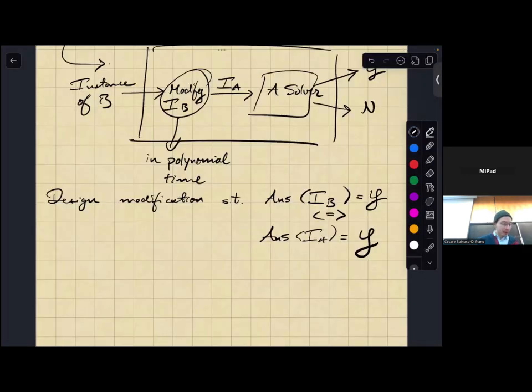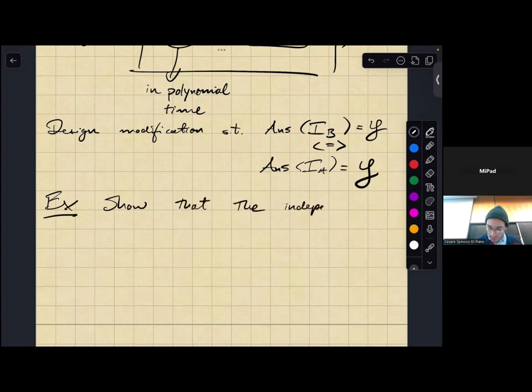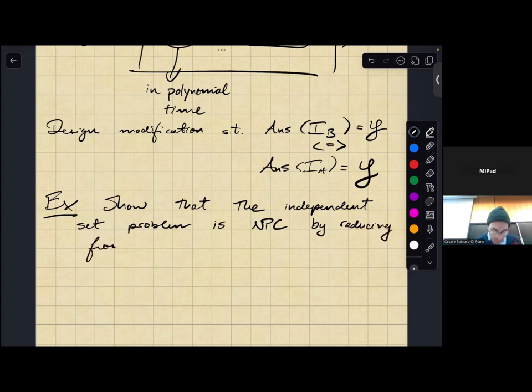So the classic thing to do in terms of examples and exercises is to use graph theory examples. These are the most common ones when you do NP-complete exercises. So let's do an example where we want to show that the independent set problem is NP-complete by reducing it from the K clique problem.